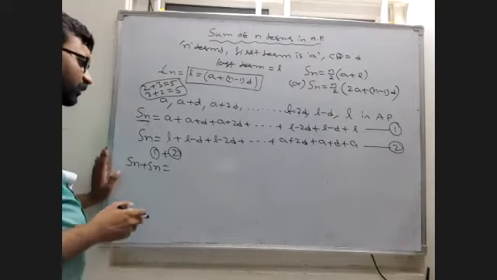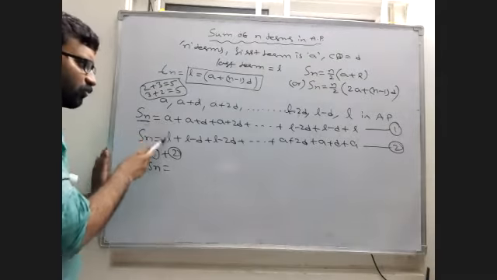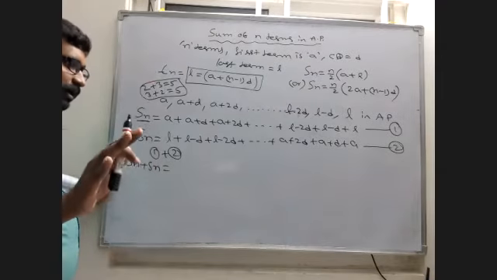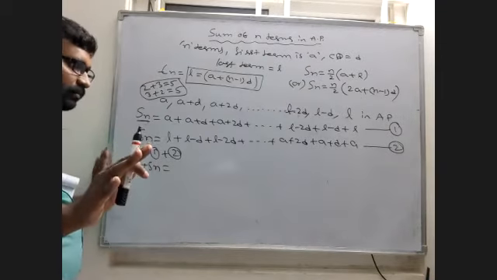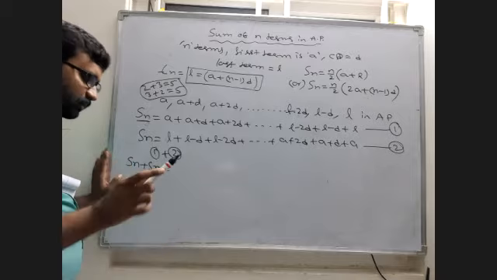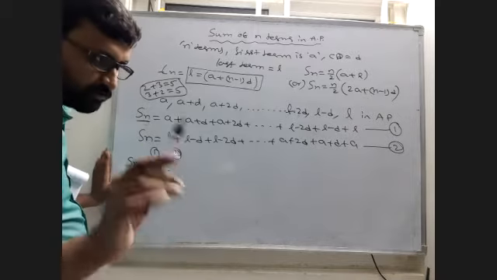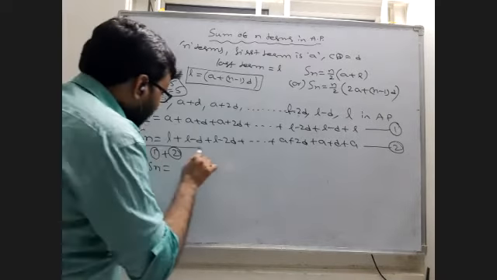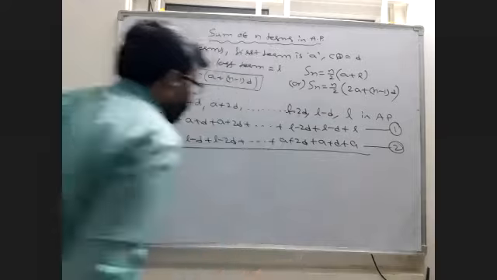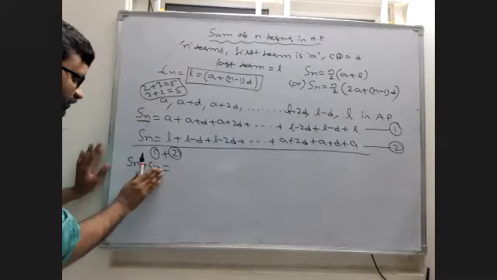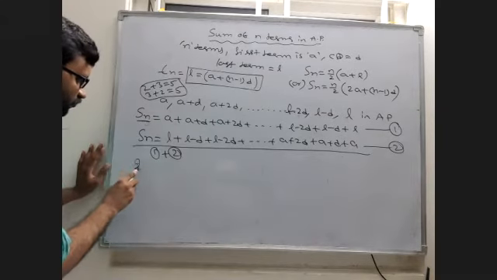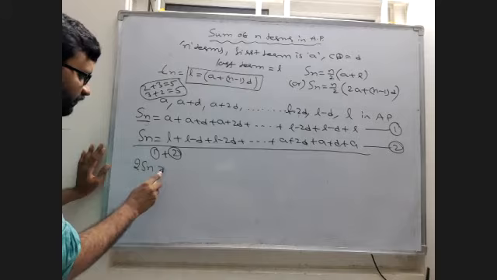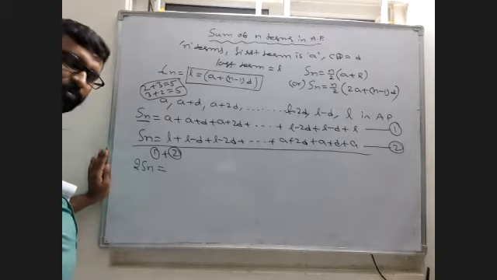Now see, if you add these two... Listen carefully, this one. This step is very important. See, I am adding these two equations in total. Sn plus Sn I am writing directly as 2Sn.